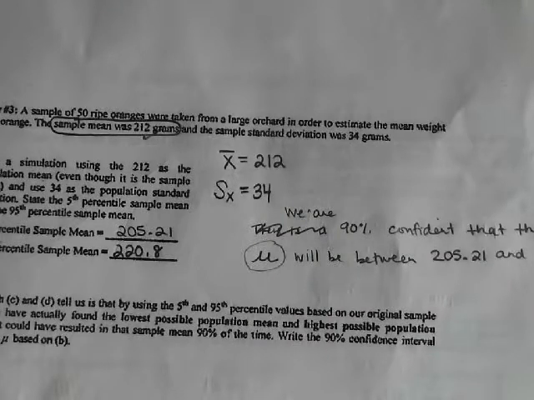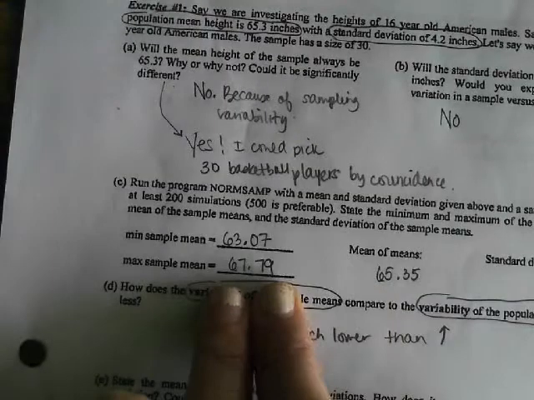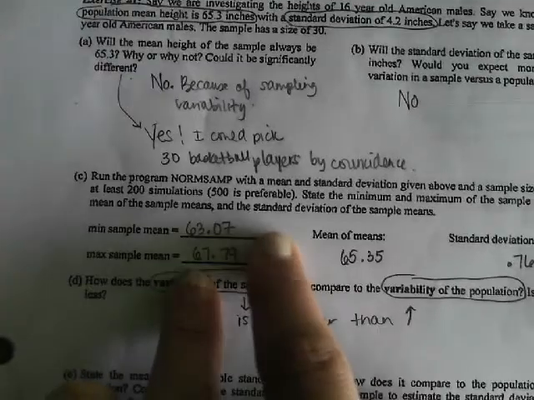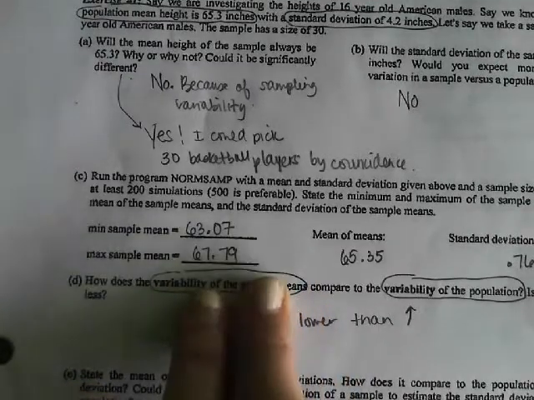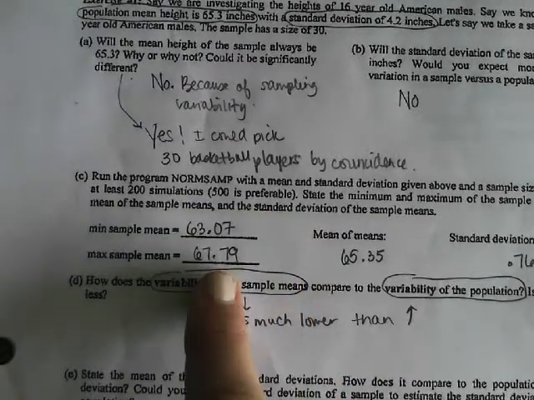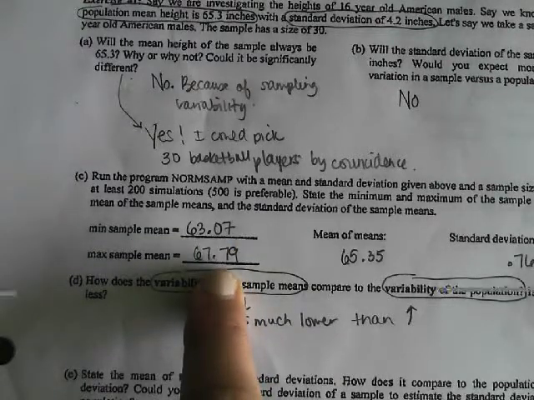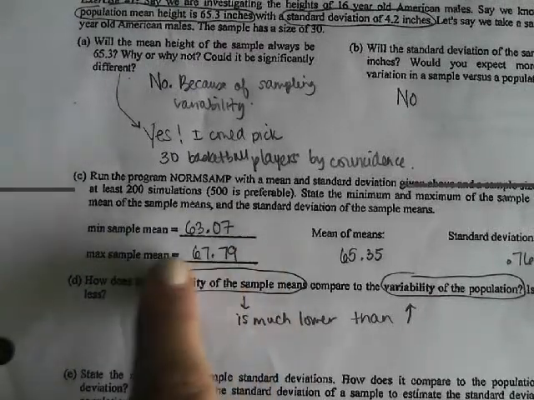That's what we did. Was that yesterday? Yeah. We took a bunch of samples. We simulated taking samples of these teenagers 500 times. And then the average height of all of our samples, the lowest average height was 63, the highest average height was 67.79. But then we averaged all of those means and got 65.35.